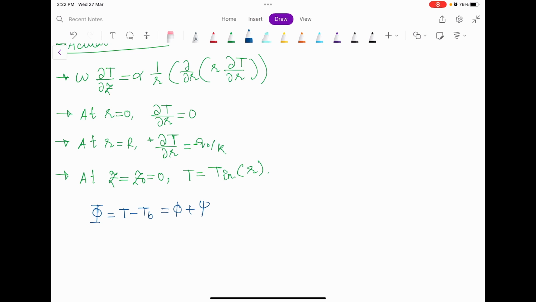Why I am doing this I will tell you. So then ultimately my t minus tb is equal to this, so then my t becomes tb plus phi plus psi. Now you might be thinking, why are you making the problem more complex?